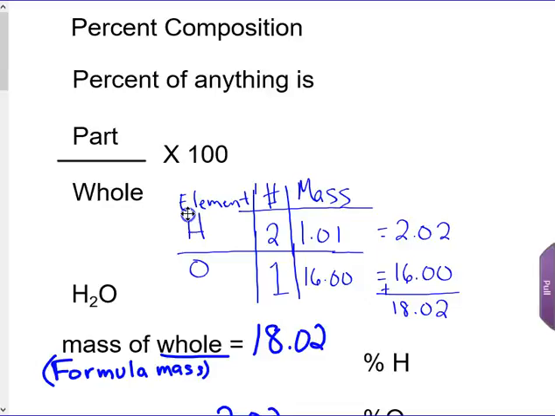When I solve for my formula mass, I get 18.02 for the whole mass of all of my water.